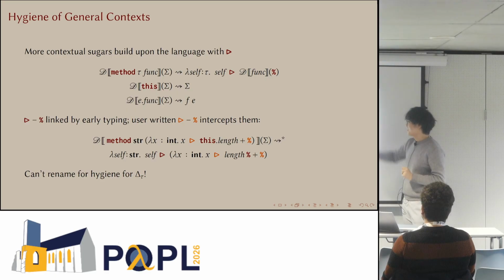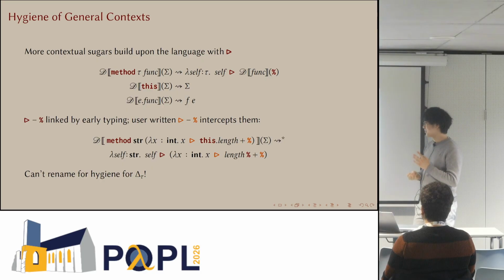So here's an example. I won't go over the details, but these sugars build upon the language with pipes. So it desugars to a pipe and a hole, and early typing would link the pipe with the hole always. But the programmer can also write pipes and holes.